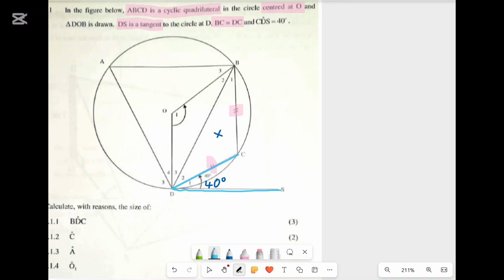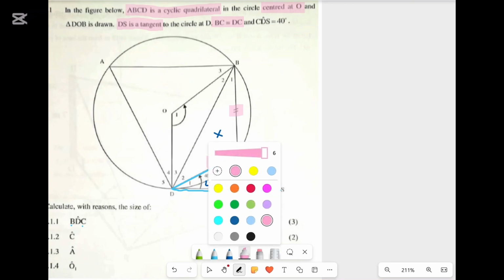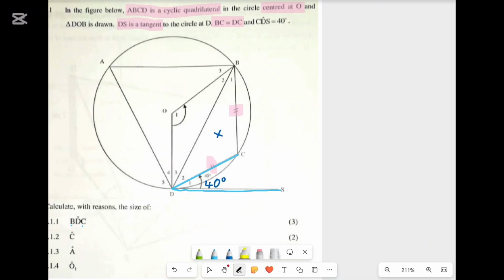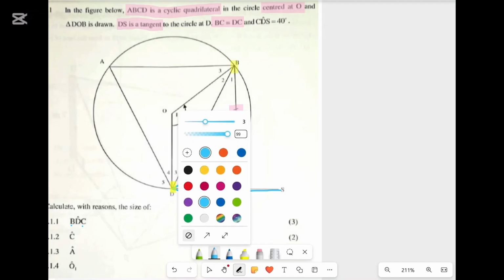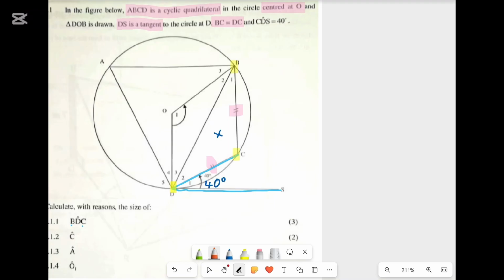Now, the first question here, we are required to calculate the size of angle BDC. So let's check where is BDC. Angle BDC. So now we are required to calculate angle D2.